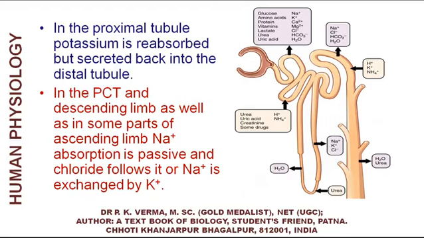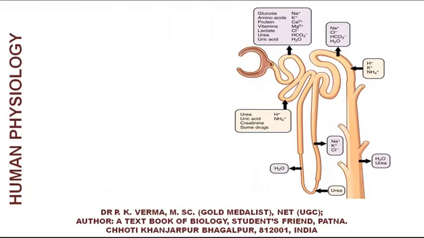In the PCT and descending limb as well as in some part of the ascending limb, sodium absorption is passive and chloride follows it. That is, there is symport of sodium and chloride, but later on sodium is exchanged by potassium.